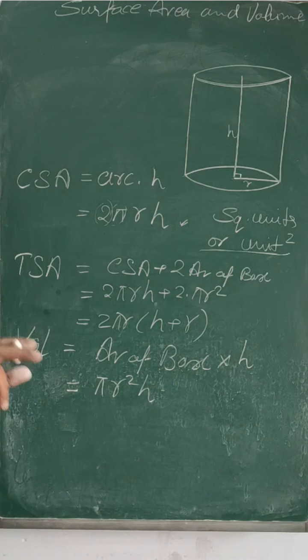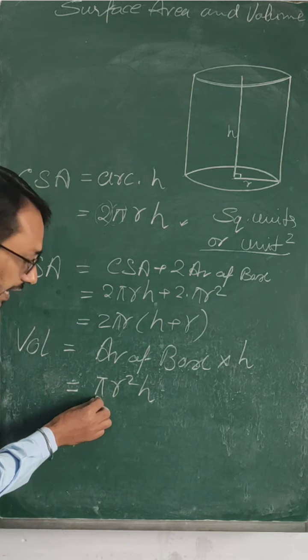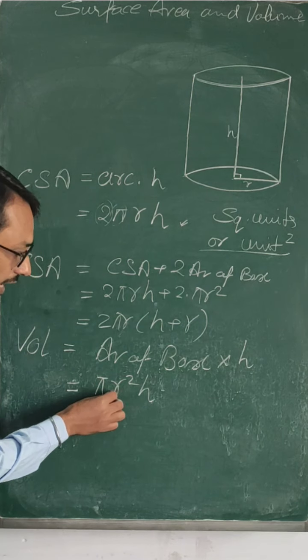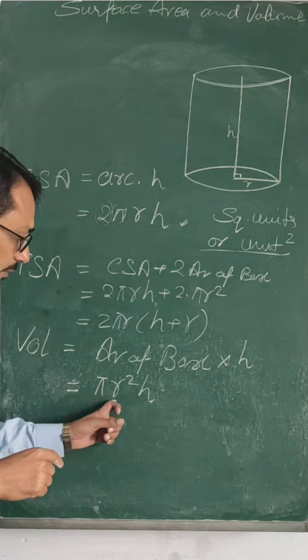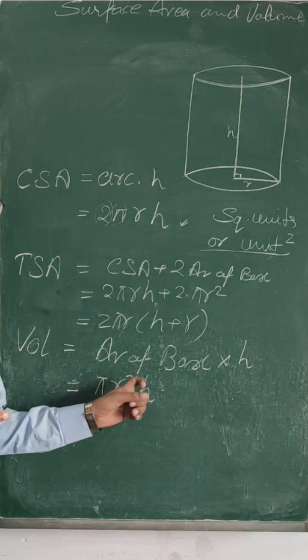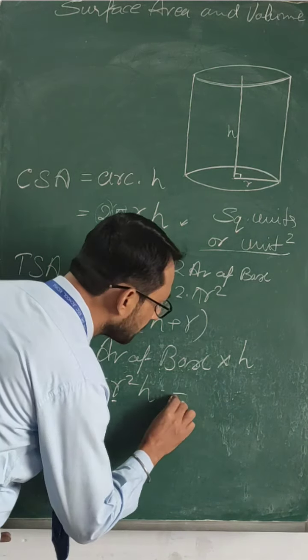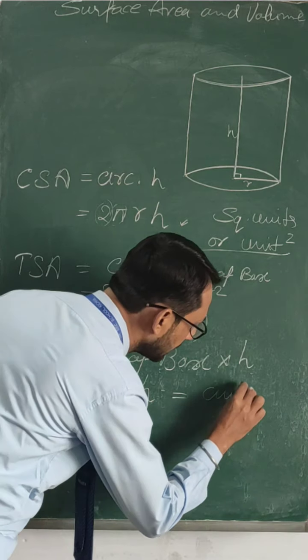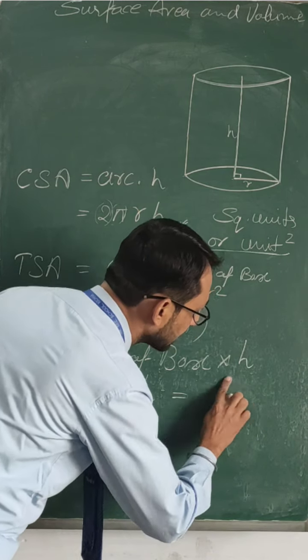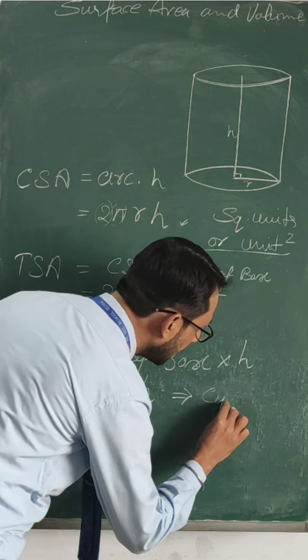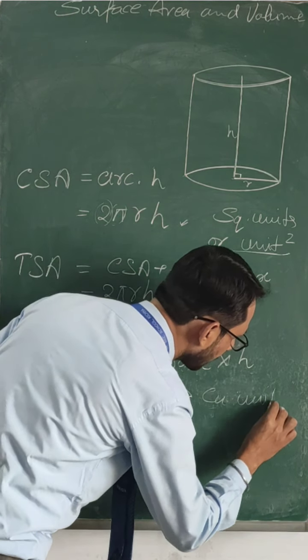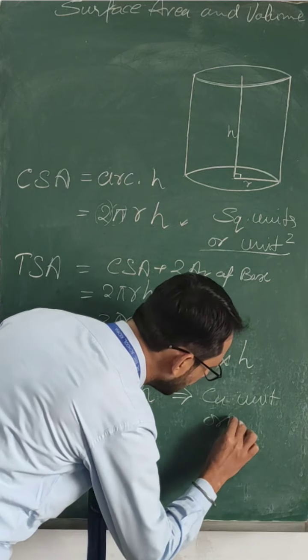Now about the unit. Pi is a constant term, and r appears 2 times. So r into r square, like centimeter into centimeter into centimeter, will be centimeter cube. So it will be written as cubic unit or unit cube.